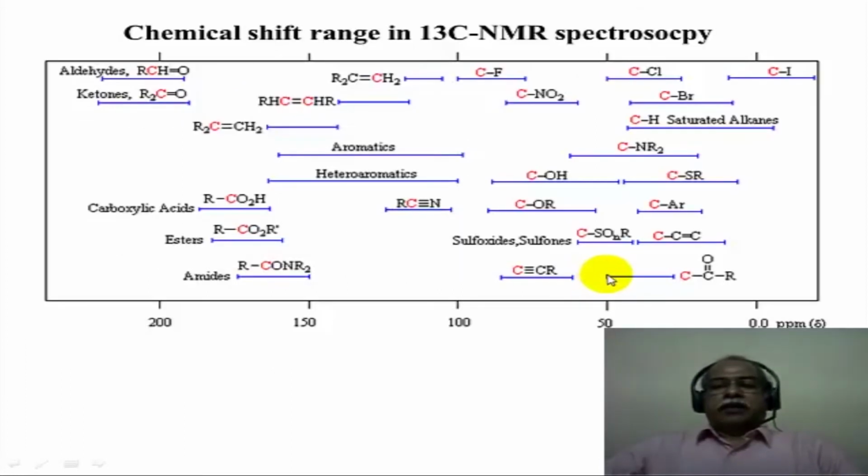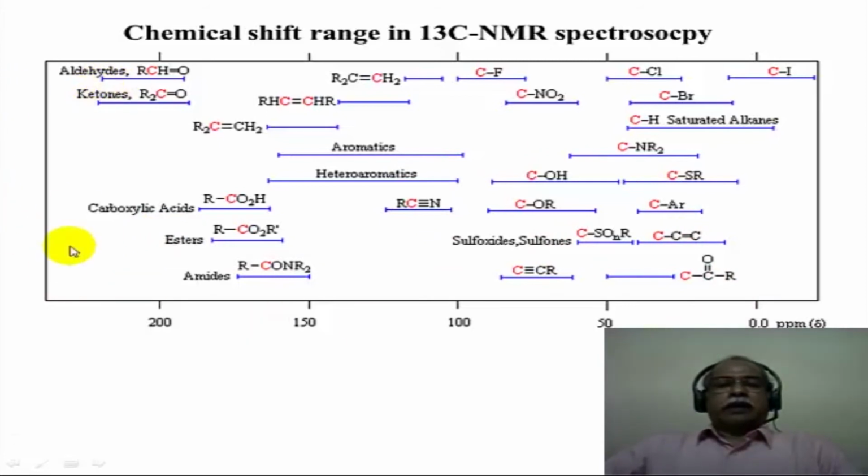Now, the chemical shift range of a typical carbon-13 spectrum is from 0 ppm to about 220 ppm. Most of the carbons would resonate in this particular range of frequency. And this chart essentially tells what kind of carbons come at what kind of chemical shift value.